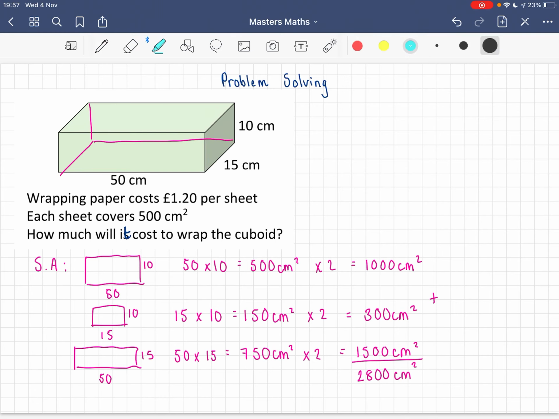Each sheet covers 500 centimetres squared. So we need to work out how many 500 centimetres squared sheets we need to cover 2,800 centimetres squared.